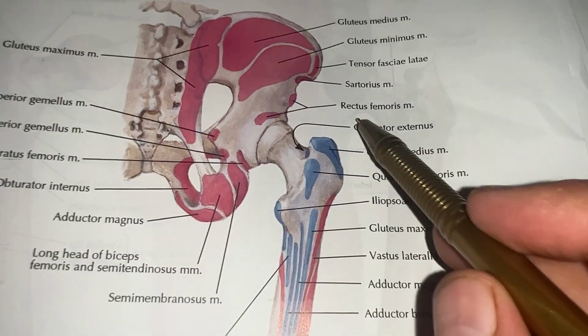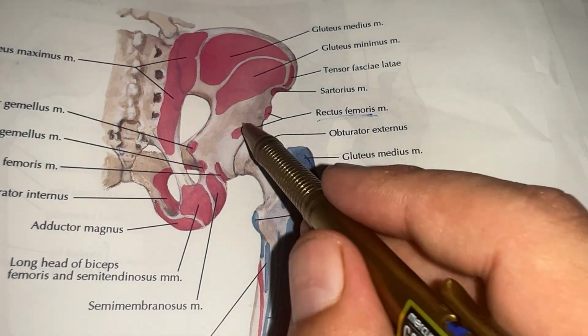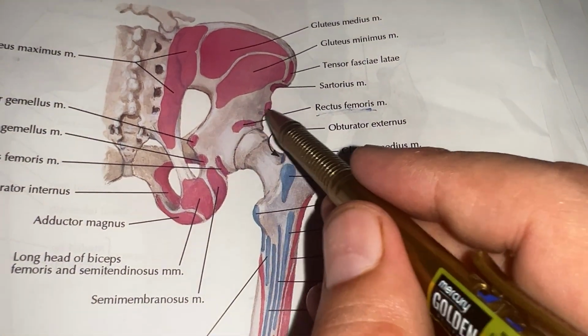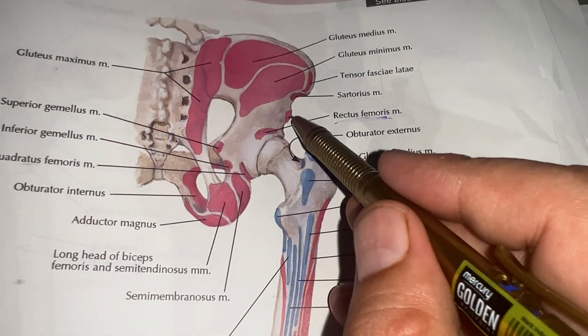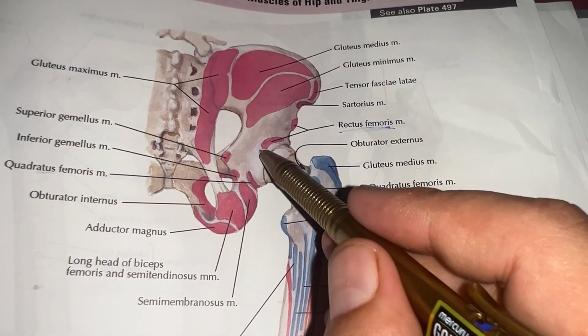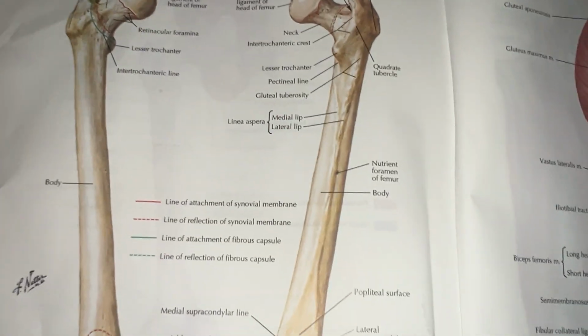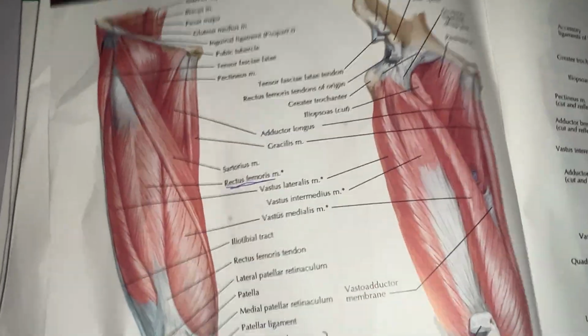In this diagram you can also appreciate this rectus femoris originates from two heads. One is from the inferior iliac spine, and the other is from the impression above the acetabulum. Okay, and it gets inserted on the patella.